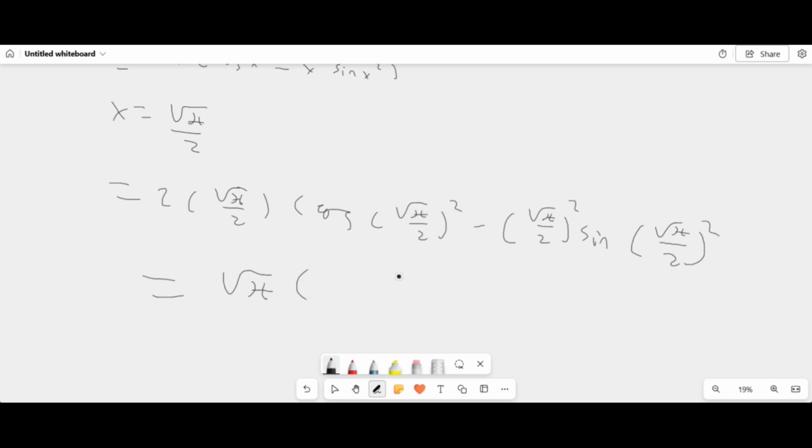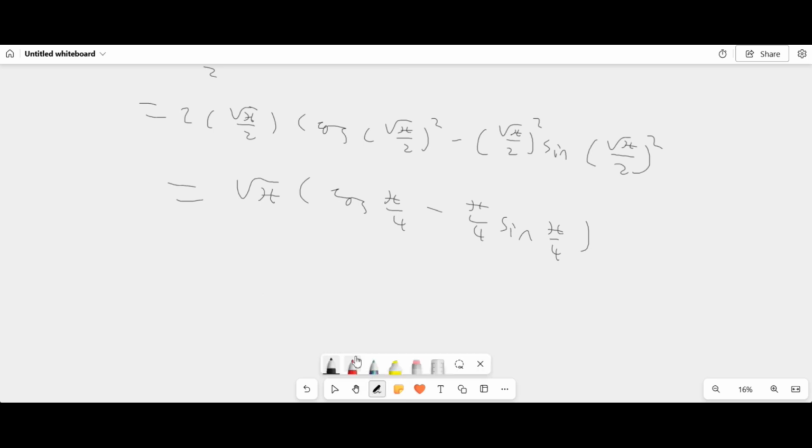That squared is going to be cos pi over 4, minus that squared, which is pi over 4, and then sine, and this is also going to be pi over 4. So it's going to be root pi. Cos pi over 4 is going to be root 2 over 2, and then pi over 4 times sine pi over 4 is going to be minus pi over 4 root 2.